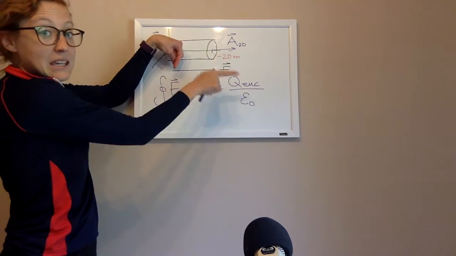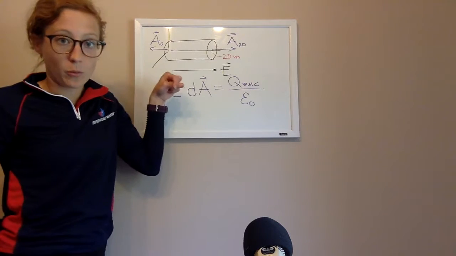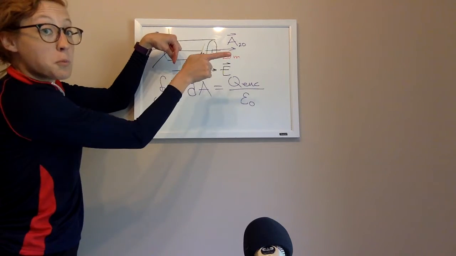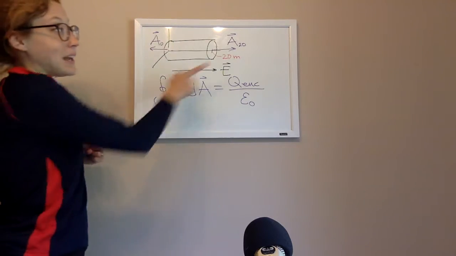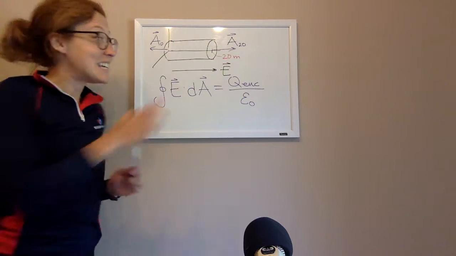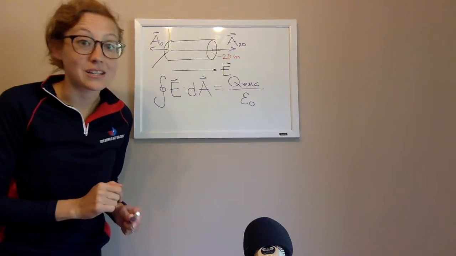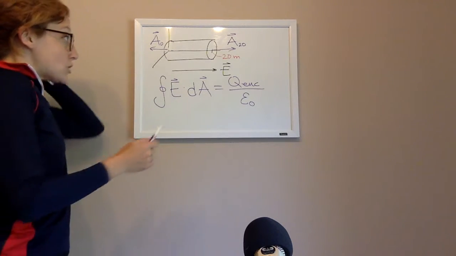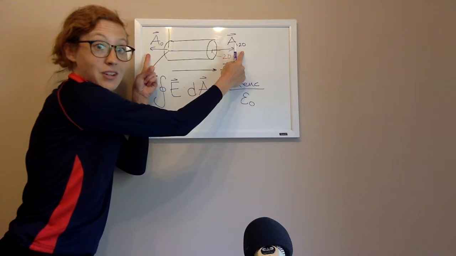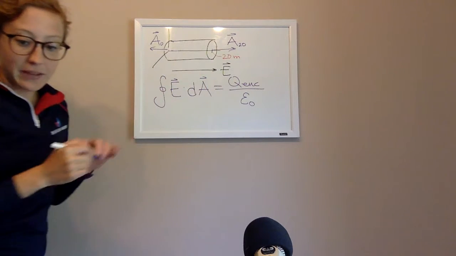E, even though it's decreasing as we go from one side to the other, is still always pointing to the right. So if my area vector is coming out of the page at us and my E vector is to the right, E dot dA along that entire side surface is going to be 0 because the angle between them is 90. But something really interesting is going to happen with these two area vectors here. So we do have to be careful about that.